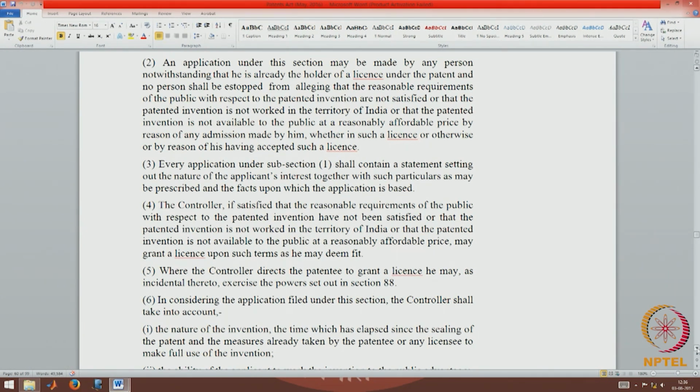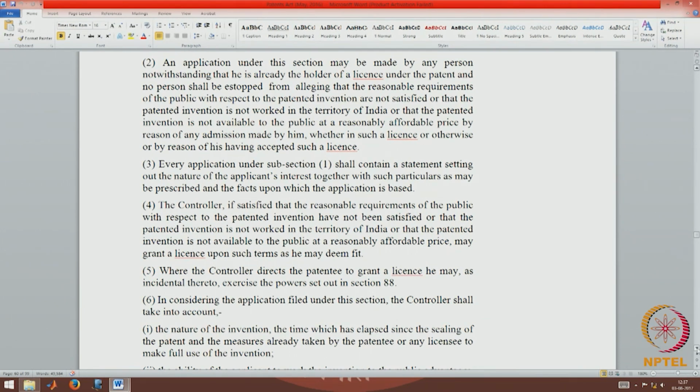Now, subsection 2 envisages a situation where the person seeking a compulsory license already has a voluntary license, a normal license. When we say a license, it means a voluntary license. Regardless of the conditions mentioned in that license, the holder of the license could still approach for an application for a compulsory license if these 3 grounds are satisfied.